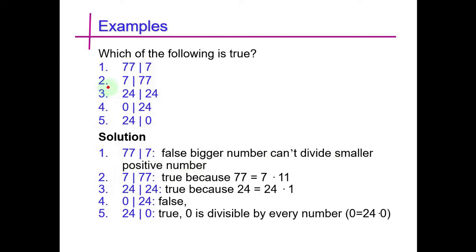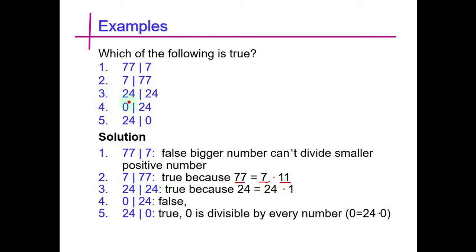Now in the second example we see that 7 divides 77, and by using the definition we write 77 is equal to 7 into an integer K, which is 11 here. So this 77 can be written as the product of 7 and an integer, which is 11 in this case.